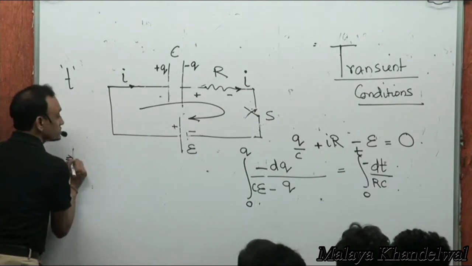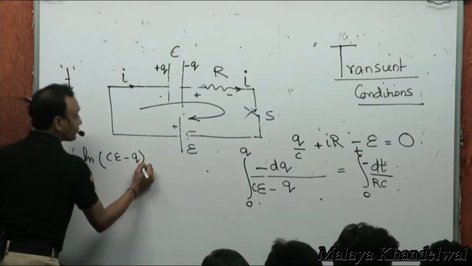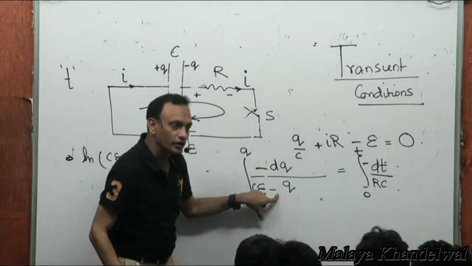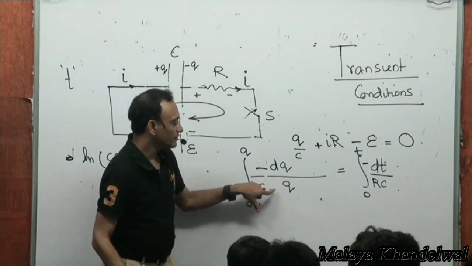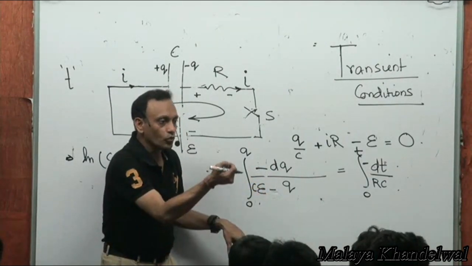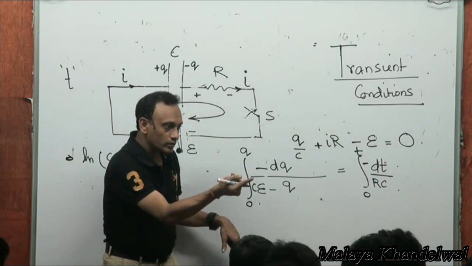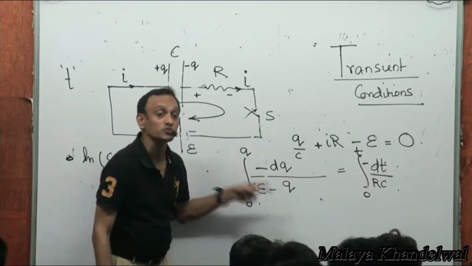So the integral becomes log of C epsilon minus q. Recall this? Even if you had cared to watch the first session that I have uploaded on YouTube, you would have known this. I have done this way back in class as well.